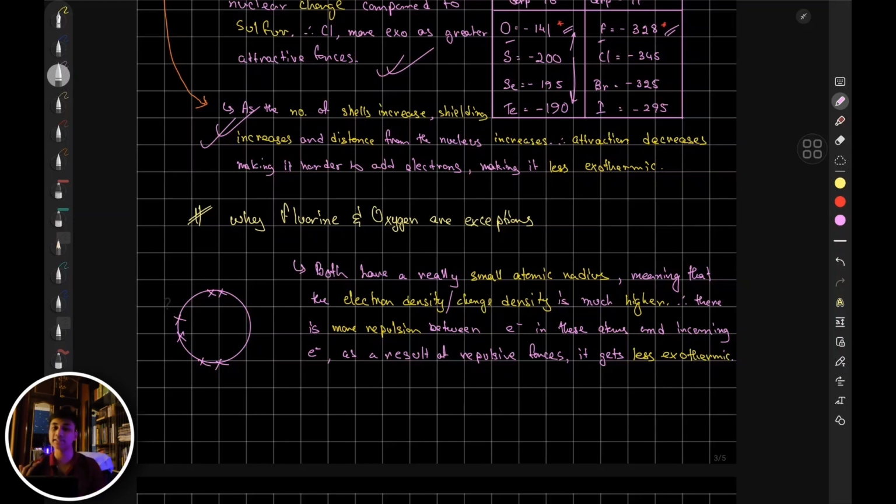The density of this negative charge is greater. As a result, the repulsive forces increase. Why? Because these are electrons.